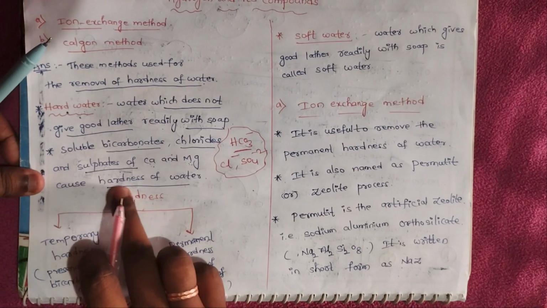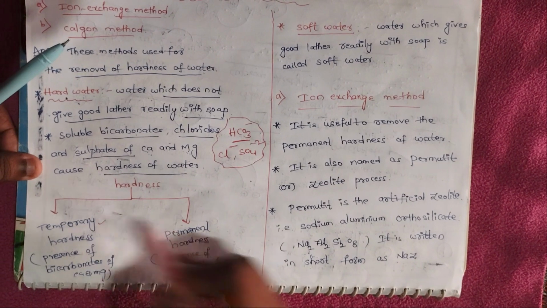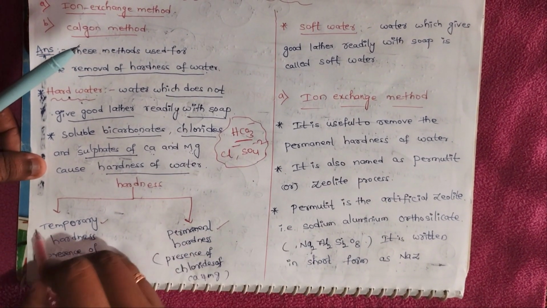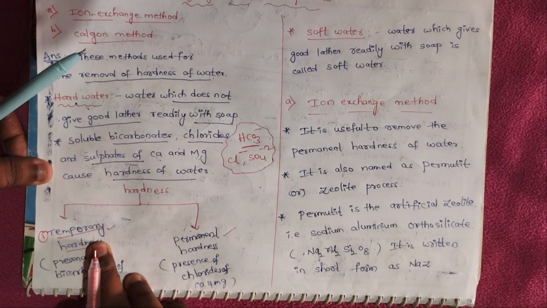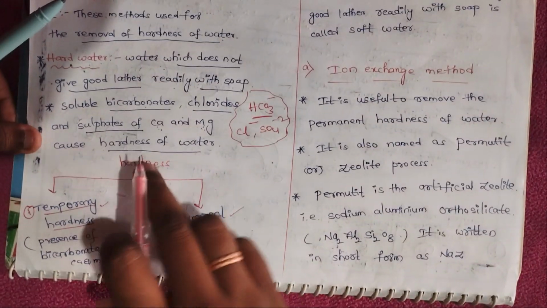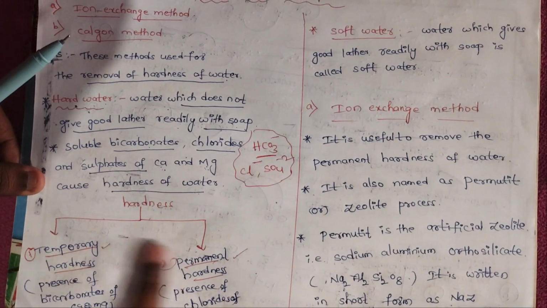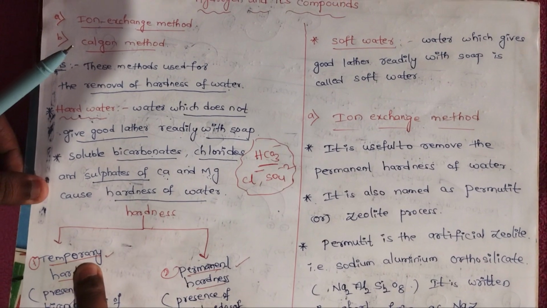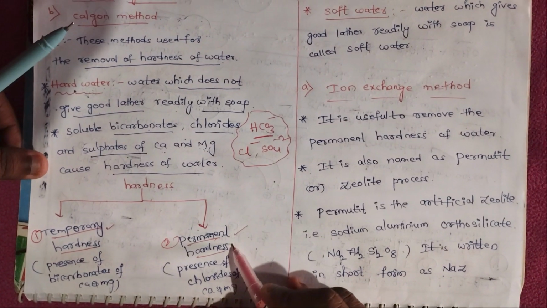How does hardness of water occur? Majorly there are two types of hardness: the first one is temporary hardness and the second one is permanent hardness.